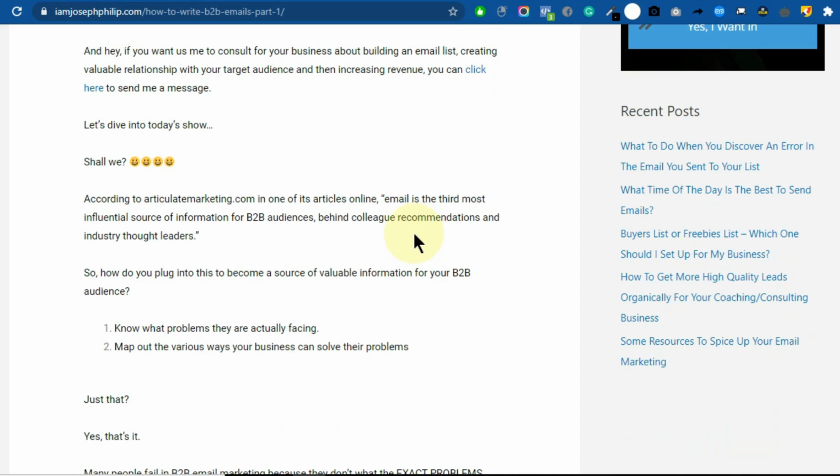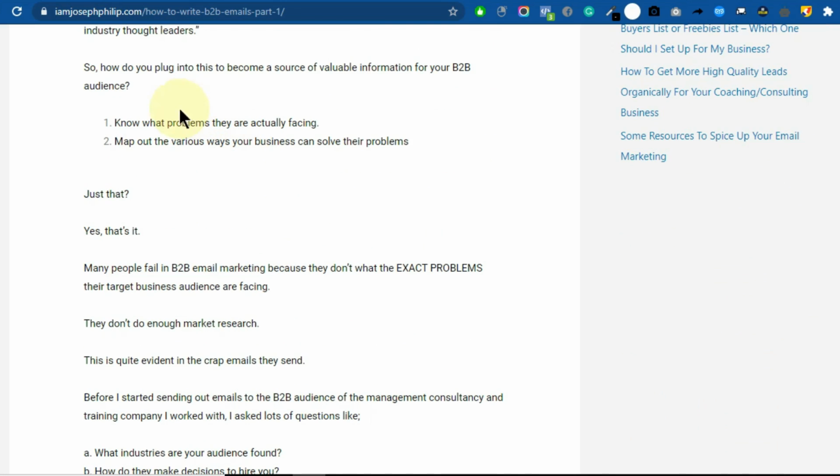So if you want to write for any B2B audience, you need to know what problems they're actually facing, then map out the various ways your business can solve their problems. Because without you understanding the problems they're actually facing, it will be very difficult for you to do anything meaningful or have good responses or get the target market to respond to you.